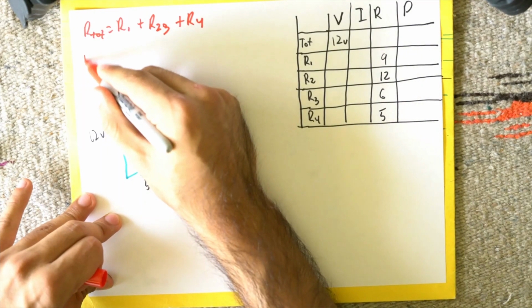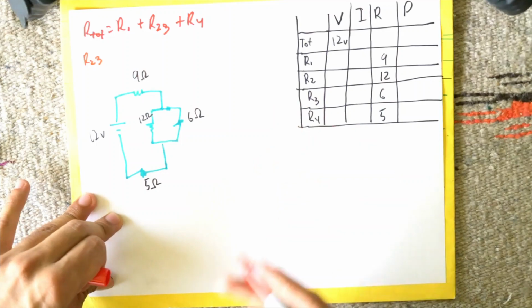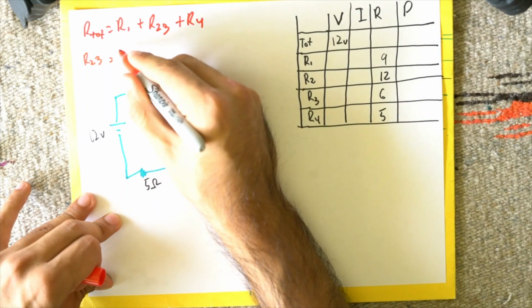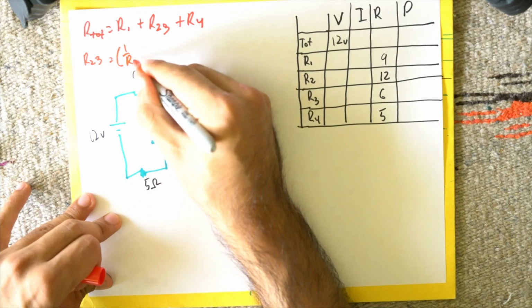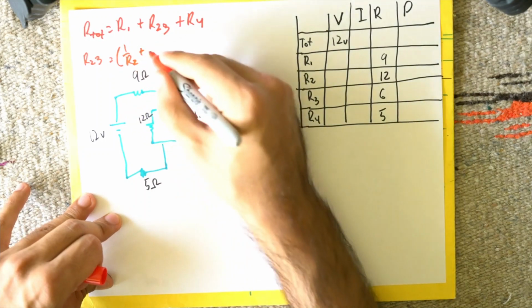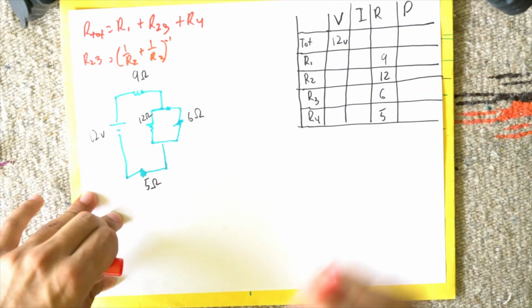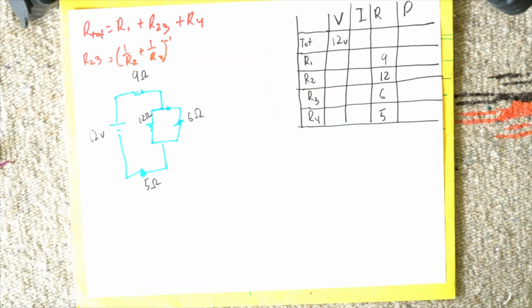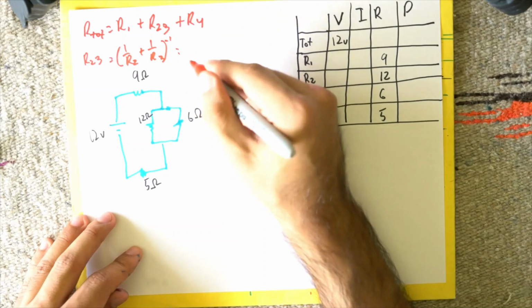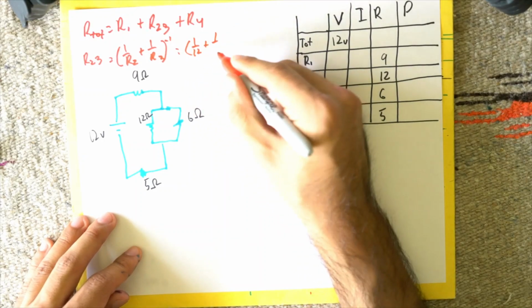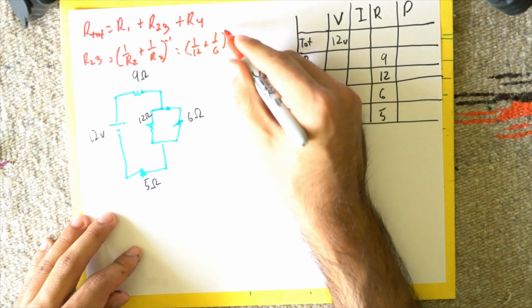So R23 is going to equal, well, remember, since these are in parallel, I can just do 1 over R2 plus 1 over R3, all to the -1. Okay, so let's do that real quick. That would be 1 over 12 plus 1 over 6 to the -1.